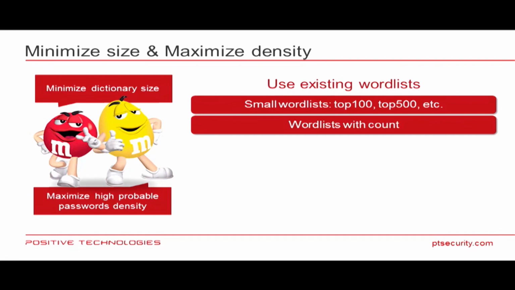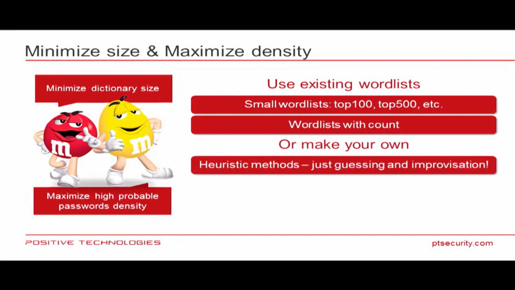We take the top 100 passwords, for example, or we can make our own dictionary. We can invent and come up with a dictionary for password generation. Strangely, but it works.